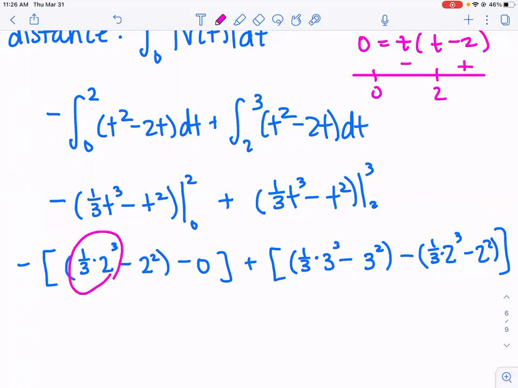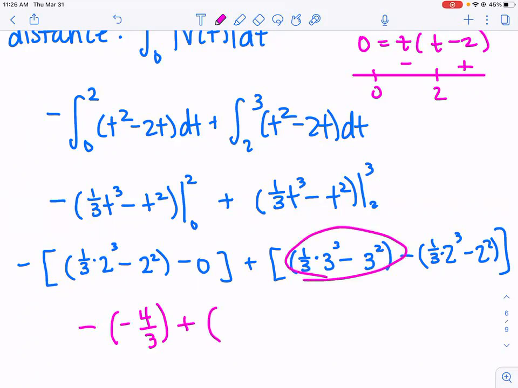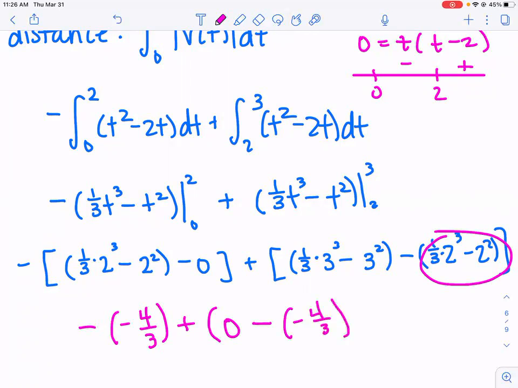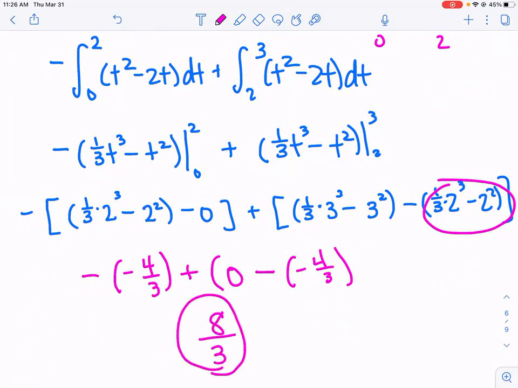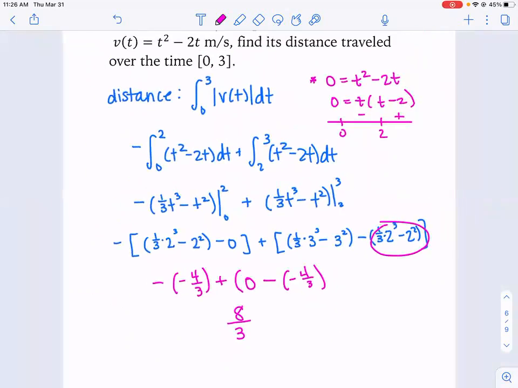Eight thirds minus 4, negative 4/3. So this is negative 4/3, plus this gives us 0, minus this gives us negative 4/3. So we have negative 4/3 plus 0 minus negative 4/3. That's beautiful. 8/3. We can put a label on this: meters.